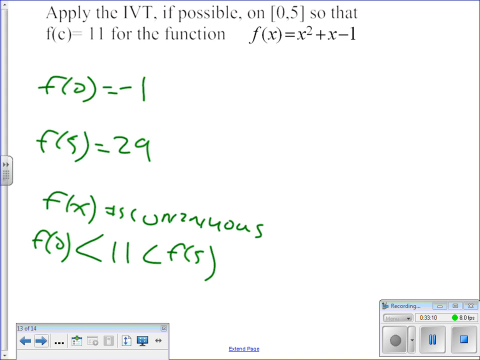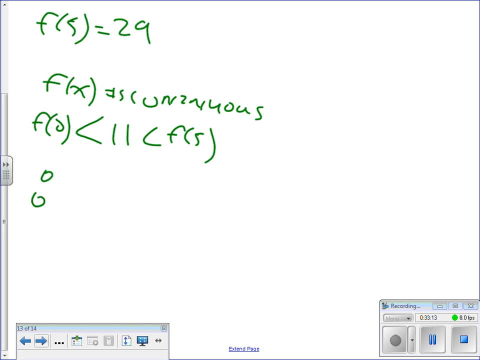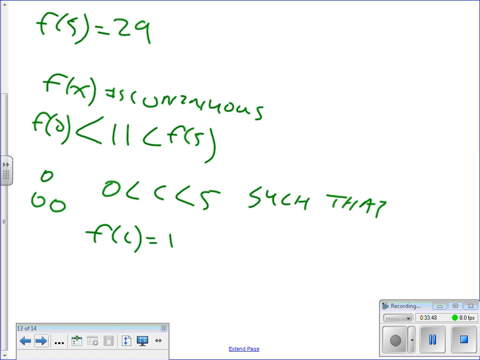Therefore, there is a C between 0 and 5 such that f of C equals 11.